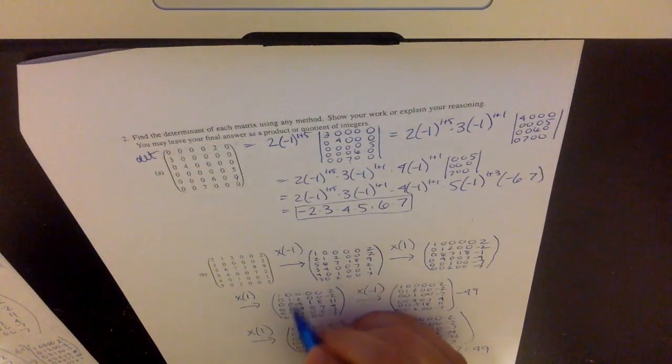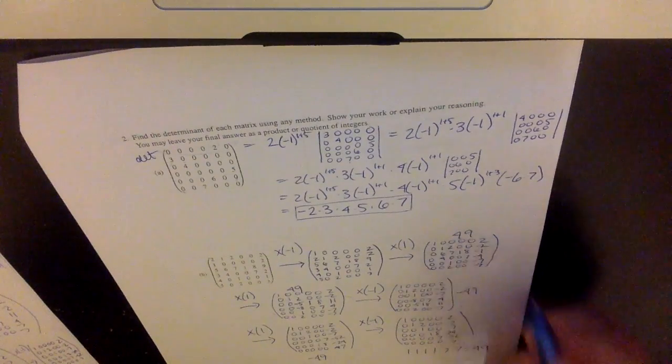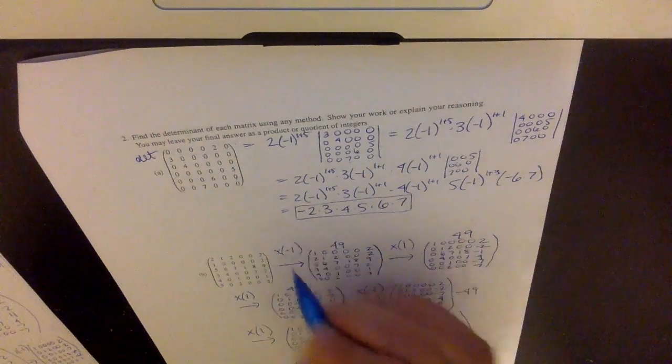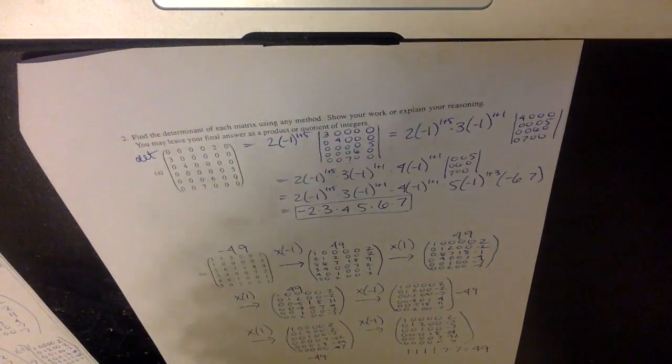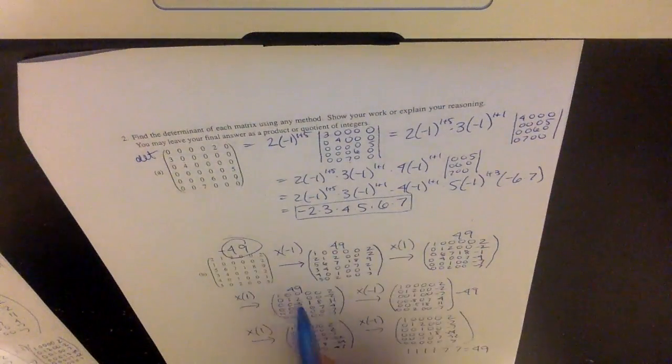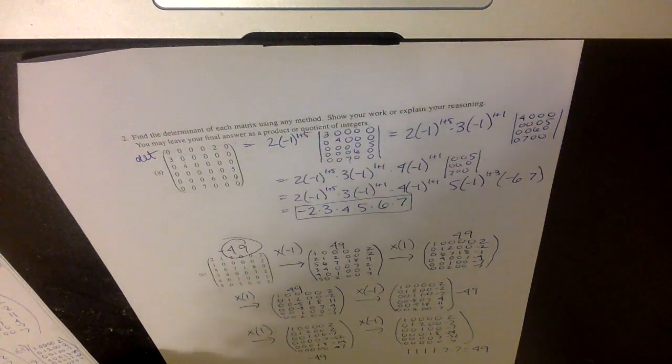Swap signs here, we get determinant 49. No change here, still 49. No change here, still 49. And then a minus sign, we get minus 49. So the determinant of this original matrix, when we walked back through all the steps, must have been negative 49.